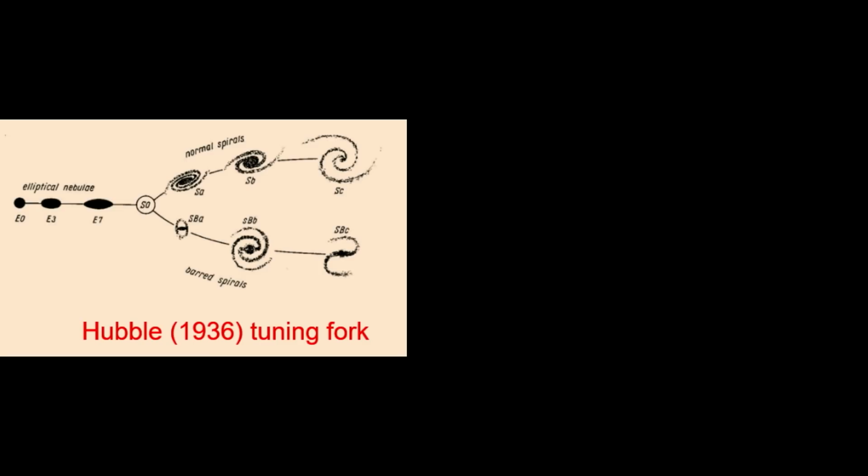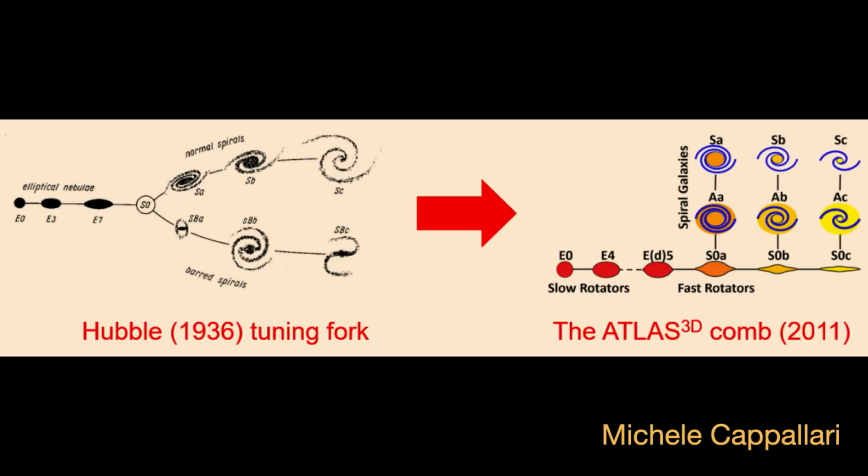So a bit of a modification, indeed an intellectual revolution of the original Hubble tuning fork diagram was called for. And so some work done by one of my colleagues in Oxford, Michele Capellari, has done just that. So rather than saying, okay, well, gradually we go from left to right as galaxies settle down and form these spiral galaxies in their pretty disks, there's more to it than that, unsurprisingly.